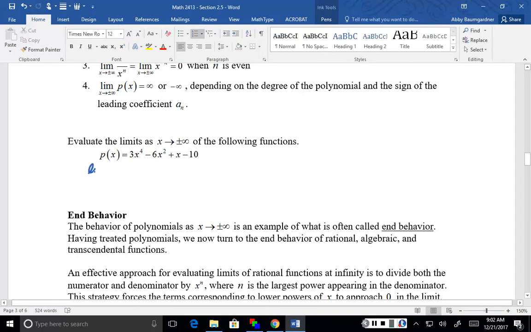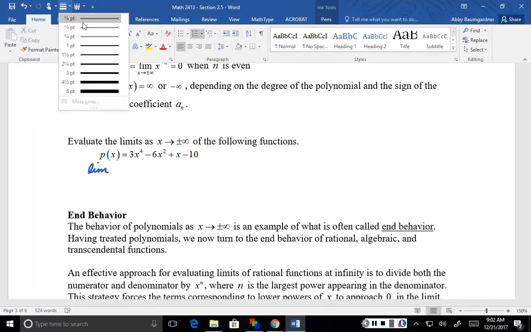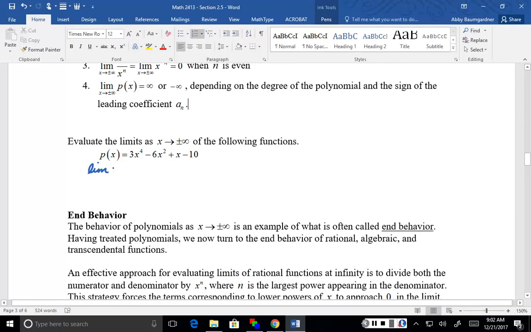So the limit of 3x to the 4th minus 6x squared plus x minus 10 as x approaches, let's do infinity first. That should be equal to the limit of just that first term.